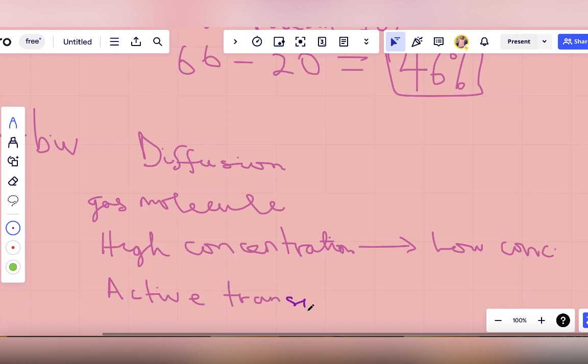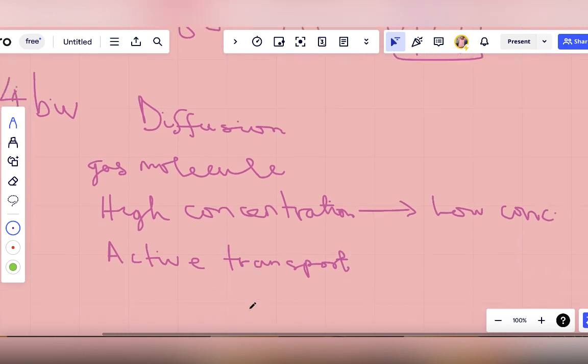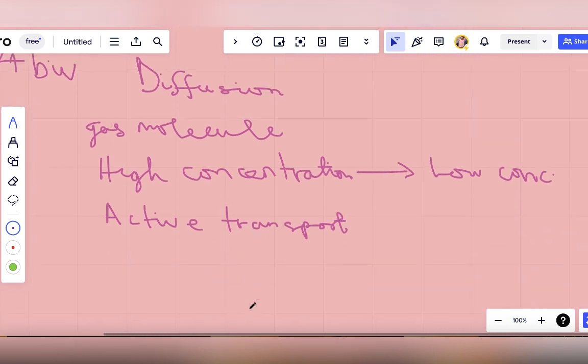Okay, so active transport. Through what? Through the epidermis, the skin, through the epidermis layer of the skin.